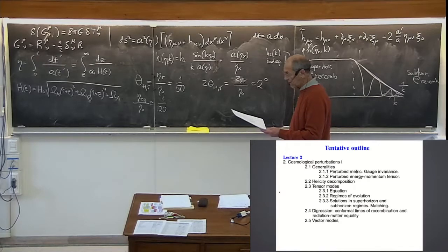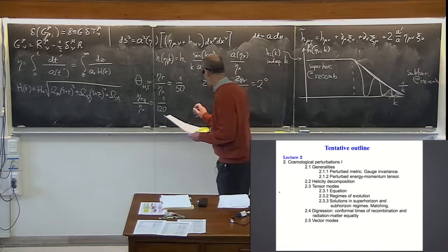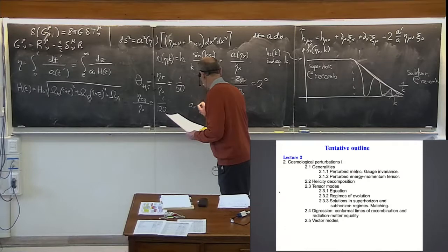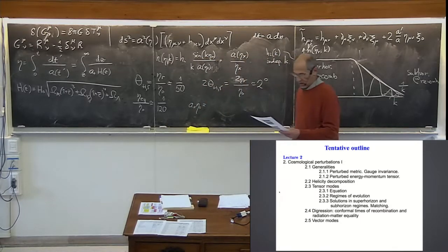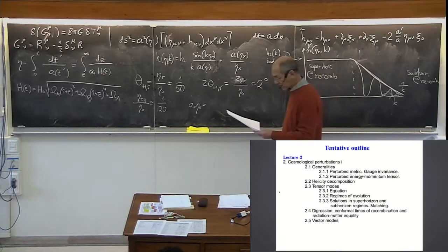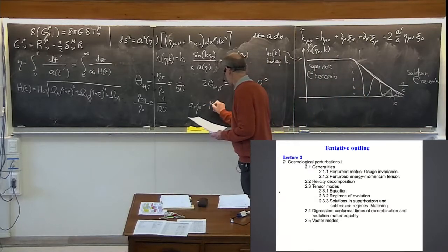and the corresponding wavelength, finally, a naught times eta naught. This is the horizon size at present. It is 14 gigaparsec.